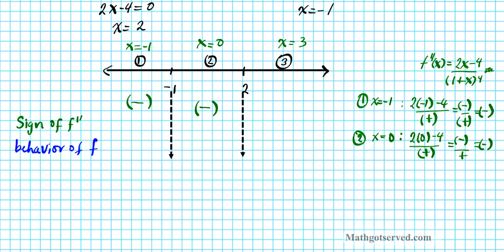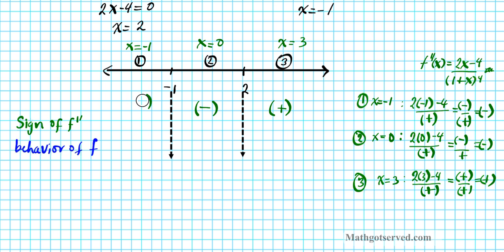And then lastly, at x equals 3, we're going to have 2 times 3 minus 4 over a positive number, which yields 2 times 3 is 6, so it's bigger than this, so it's going to be positive. Divided by positive is positive. So we have a positive second derivative sign on interval number 3.